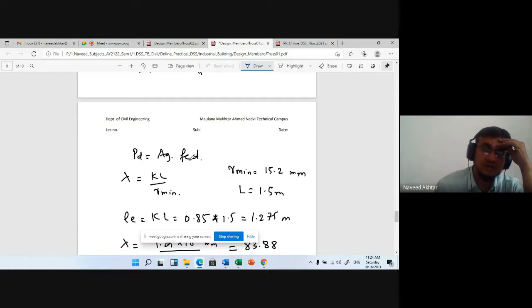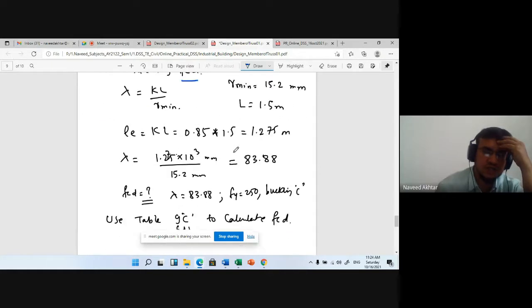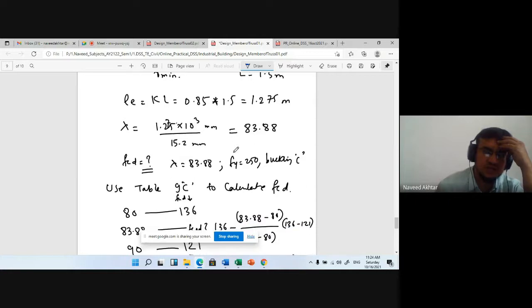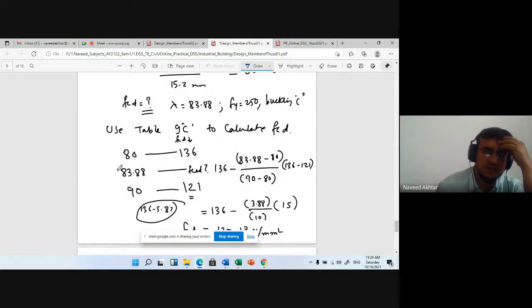So you have to find out the FCD by using table number 9C, because for any member of angle section the buckling class is C. That's why we are using table number 9C to find out the FCD.